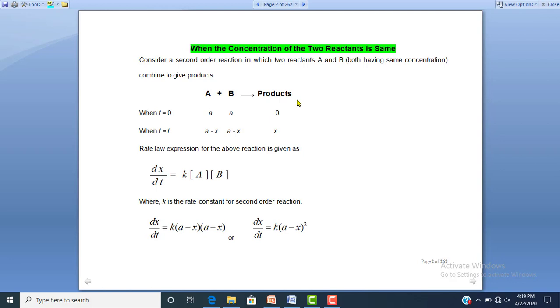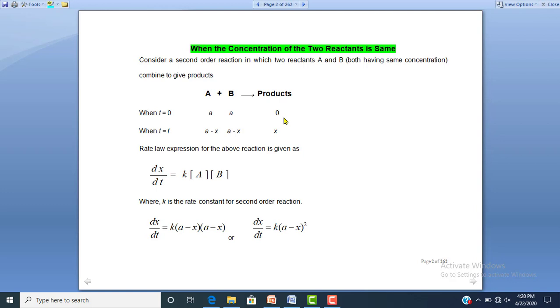Now we suppose at the commencement of the reaction, when time was equal to 0, there were a moles of reactant A and also a moles of reactant B. And at time 0, there was no product, so the concentration of product is 0 here.